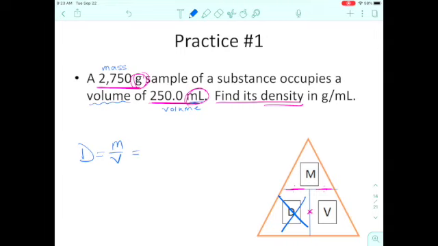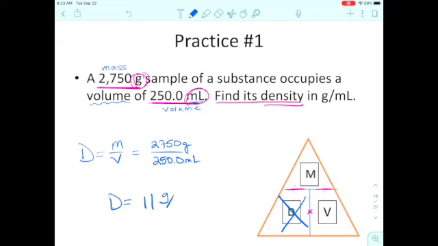Okay, so mass is on top, so 2750 divided by the volume, 250. When you plug that in the calculator, 2750 divided by 250, you should get 11. And the units are going to be grams over mL, just like they wanted.